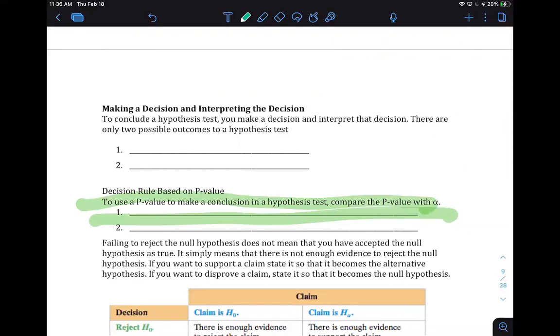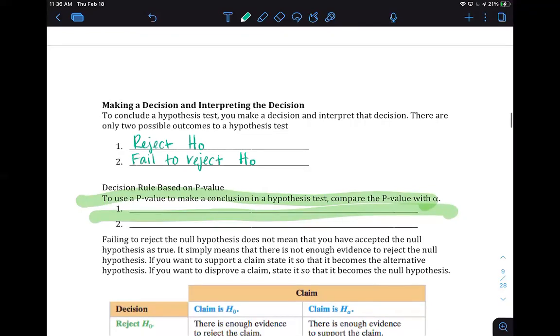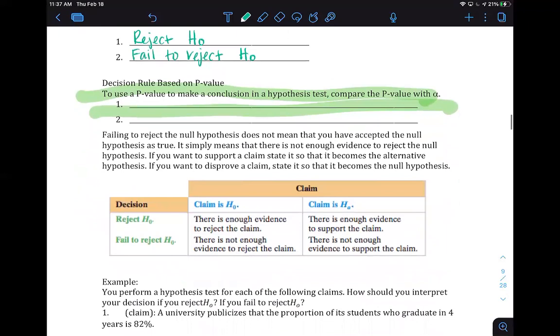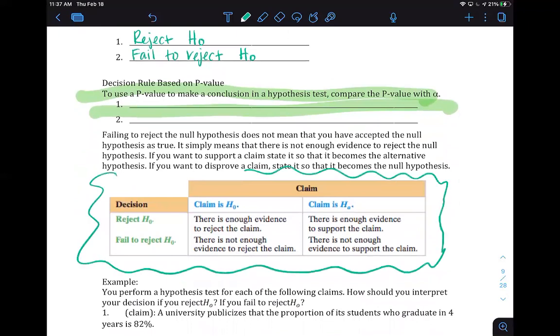So there are 2 decisions you can make. Reject the null hypothesis, H sub 0, or we can fail to reject H sub 0. And based off that determines what we can say about that claim. This box is what you're going to base everything off of when you make your interpretations.